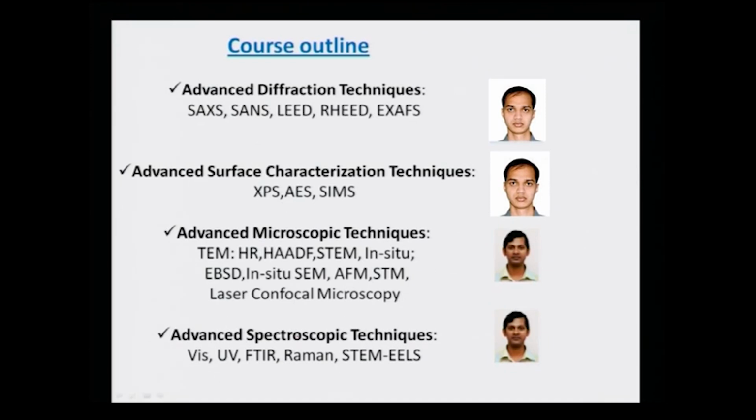This course contains different advanced characterization techniques. First one, advanced diffraction techniques, includes small angle X-ray diffraction, small angle neutron scattering, low energy electron diffraction, reflection high energy electron diffraction, as well as XAFS.